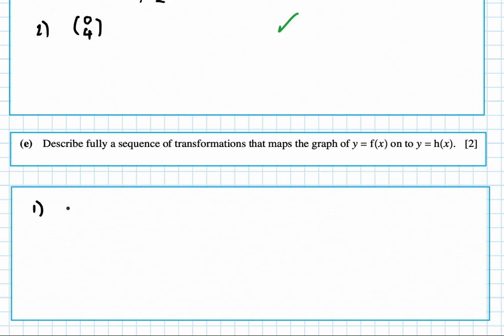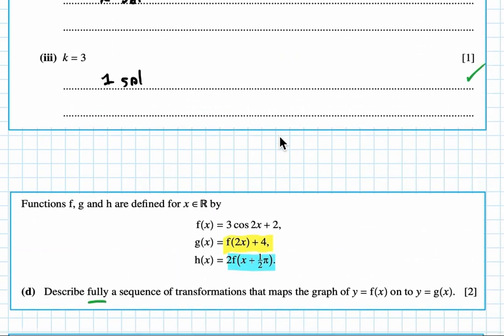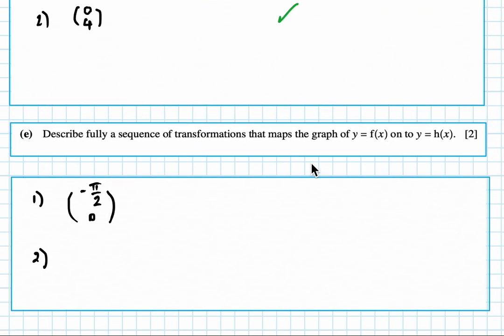You're doing these in the other order, so it's different to the normal arithmetic, we say. So in this case, we have a translation of pi over 2 left, which is minus pi over 2, 0. And then we have a stretch in the y direction, scale factor 2.